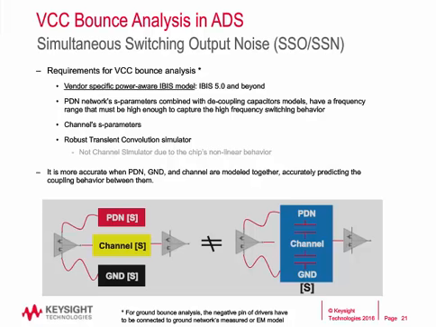Yes, the PDN bandwidth should be high enough to capture the high-frequency switching behavior. Third, we must have good channel data. Last but not least, we should have a robust transient convolution simulator to deal with the mixed low and high time constants from the networks.